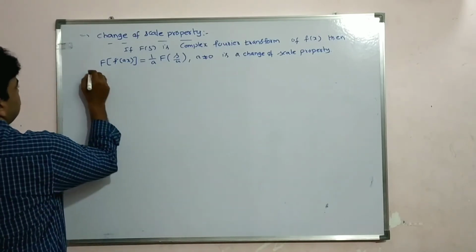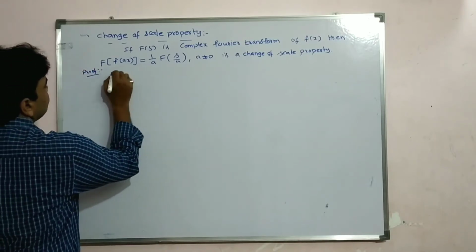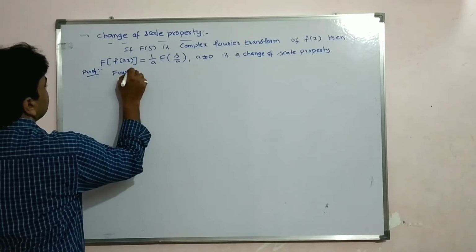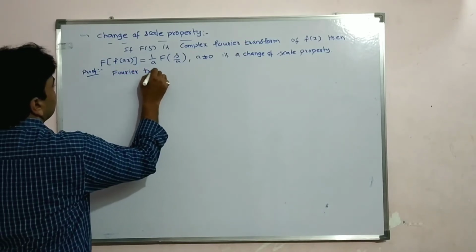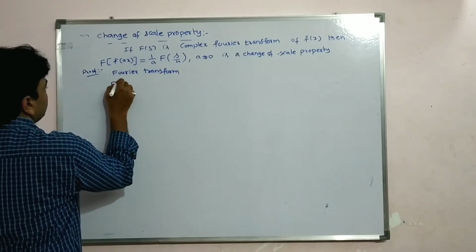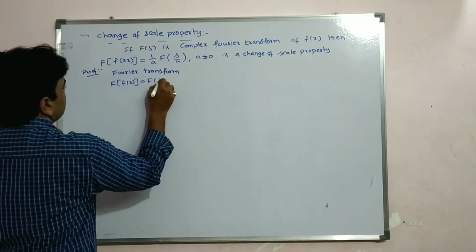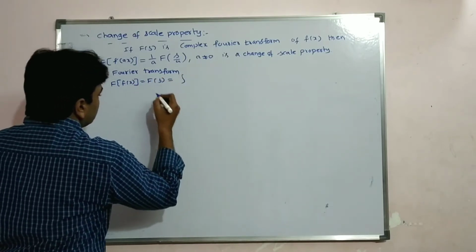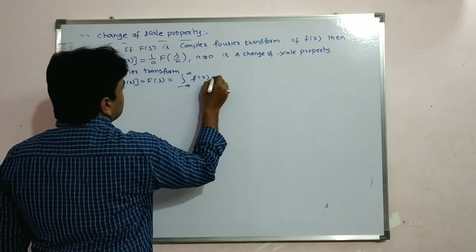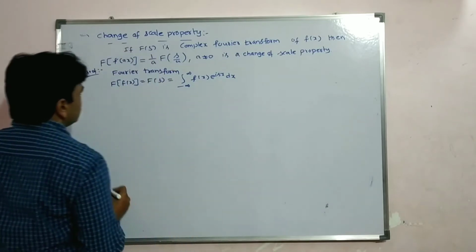Proof. What is the Fourier transform? F(s) is equal to the integral from minus infinity to infinity of f(x) e power isx dx.